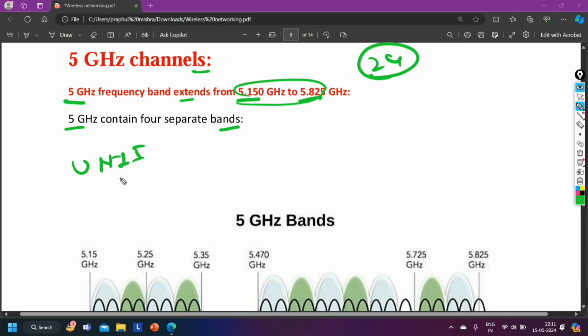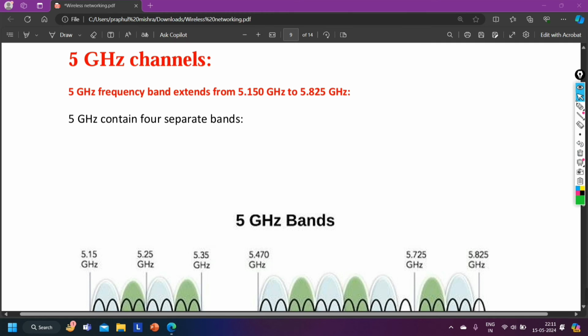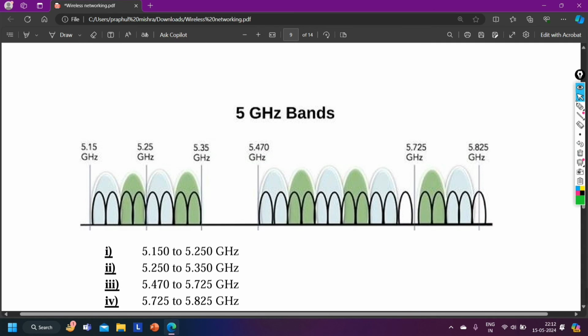UNII stands for Unlicensed National Information Infrastructure. Look at this diagram. This is my UNII1. This is my UNII2.